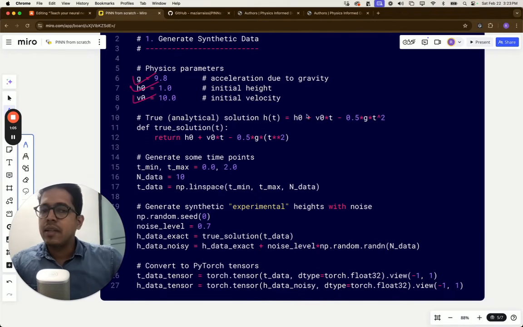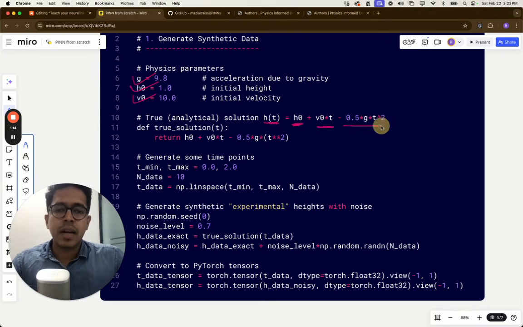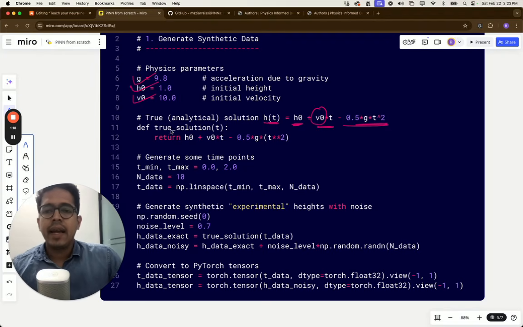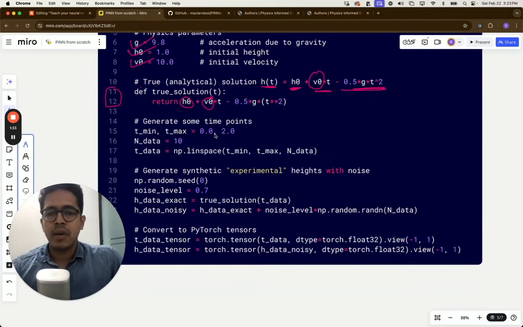We know the solution: height as a function of time is h equals initial height plus ut minus half g t squared, where u is the initial velocity. If we provide time as an input, using this equation we can get the height at any given point of time. So this function basically creates the ideal data set without any noise.